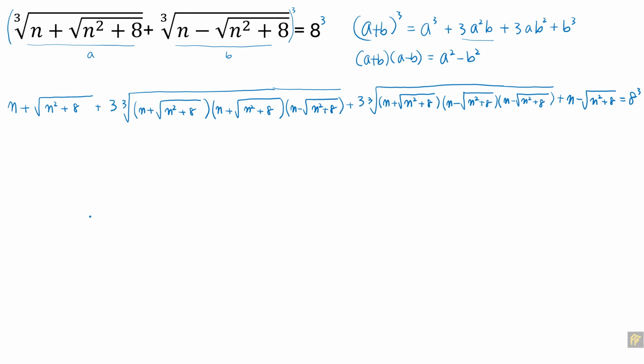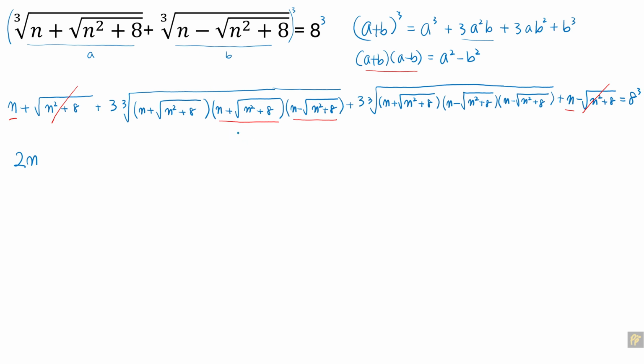Then I think we can simplify this expression, as square root of n squared plus 8 minus square root of n squared plus 8 can be cancelled out. Then we have n and n, so you have 2n. Then another one: we have n plus square root of n squared plus 8 and n minus square root of n squared plus 8, so we are going to use the (a + b)(a - b) relationship.